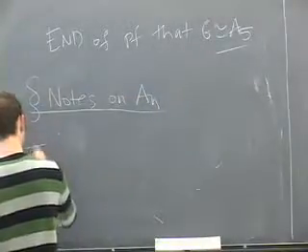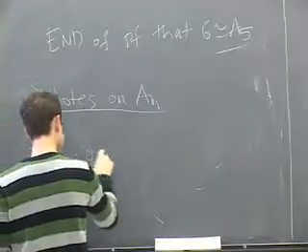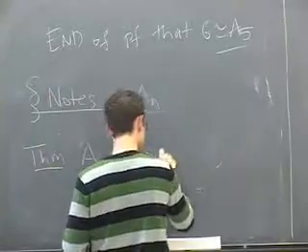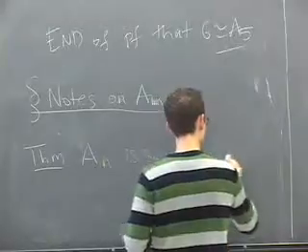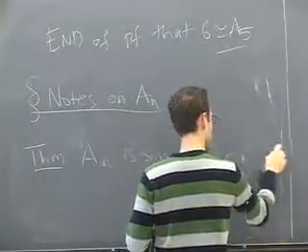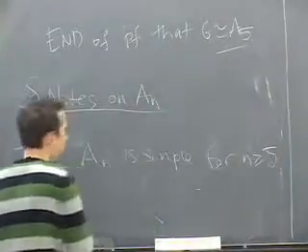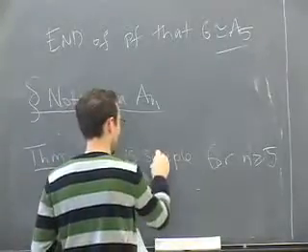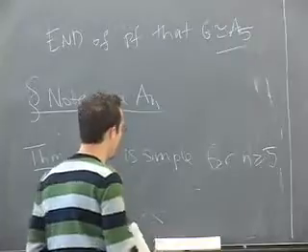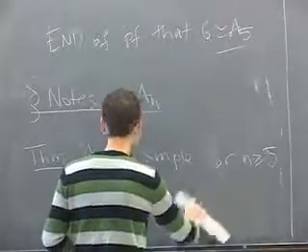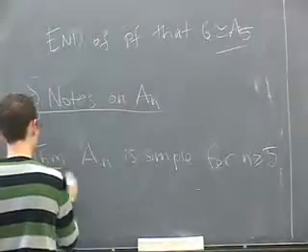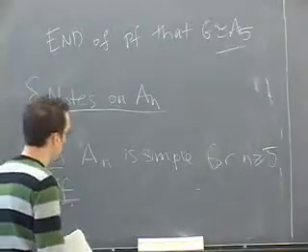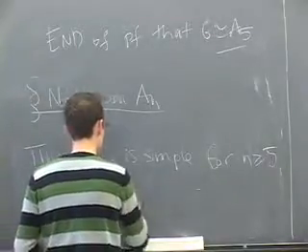So, theorem: A_n is simple for n greater than or equal to 5. There are a number of different ways of doing this. One way is very, very computational. I'm going to give you a hint at a different method. The proof I'm going to suggest is by induction.